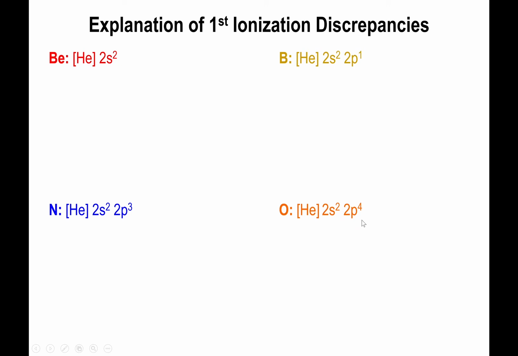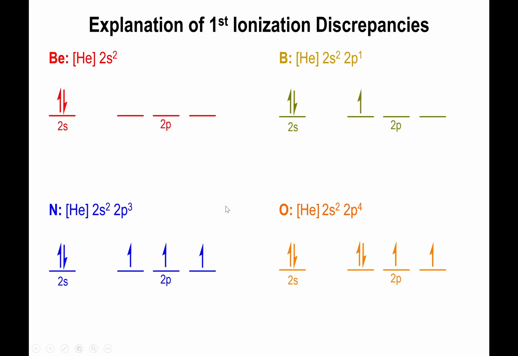When you draw out the electron configurations, you realize that beryllium has a full s orbital. But for boron, the next electron has to be placed in a higher energy orbital, the 2p orbital. Because it's higher in energy than the 2s, it takes less energy to remove than what you would have had to put in to remove the 2s electrons.